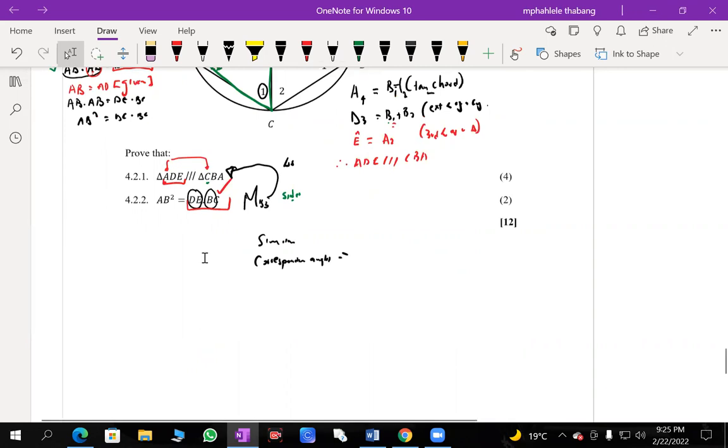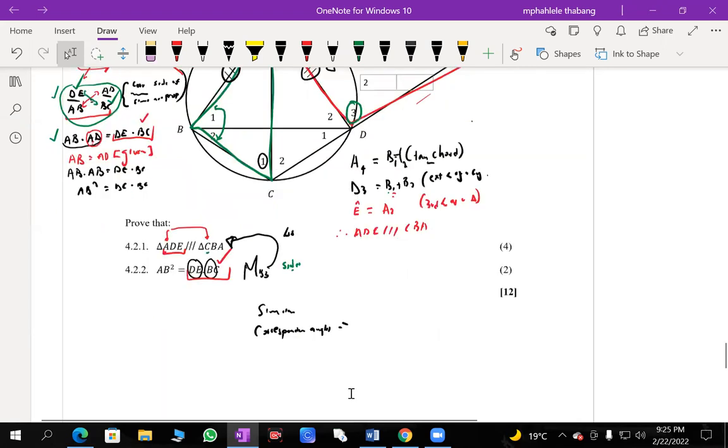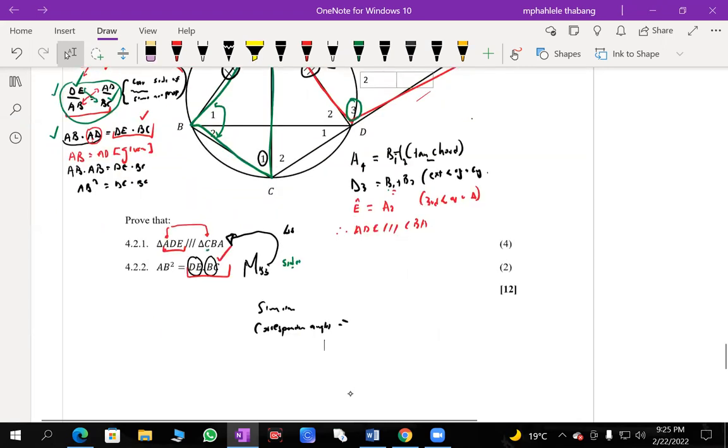That is why A4 equals C1, D3 equals angle B. This verifies the notion that corresponding angles are equal. Now, in 4.2.2, this one says corresponding sides are proportional.